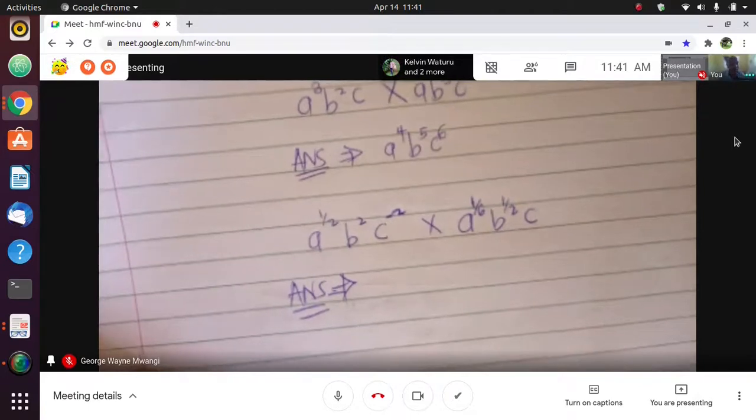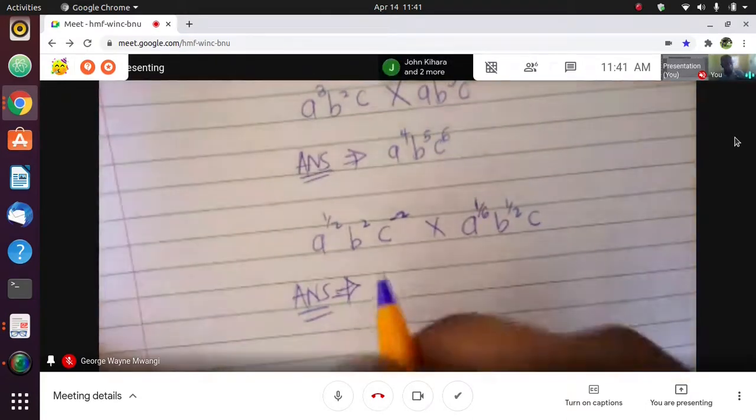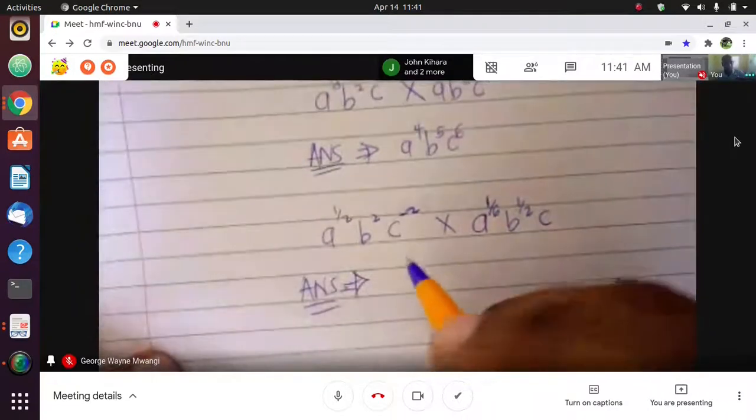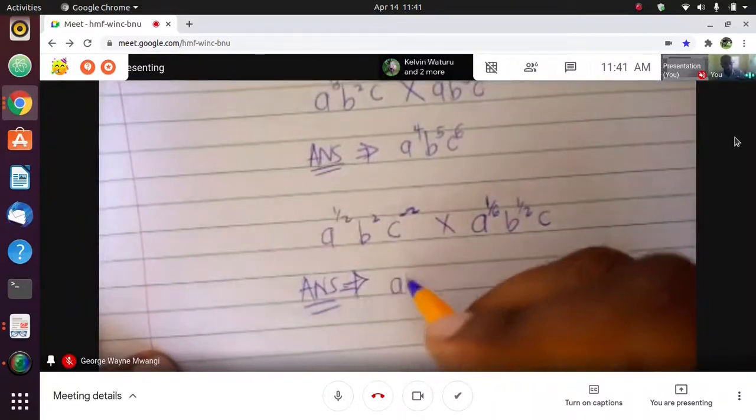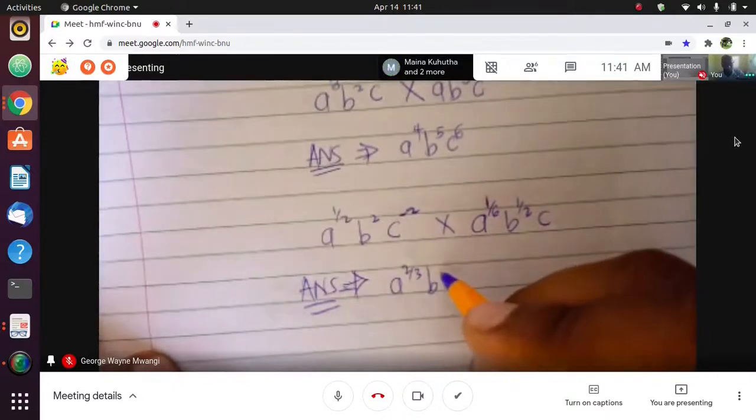Utapata ngapi? Minor, what do we get? We get a power 2 over 3, b power 2.5.